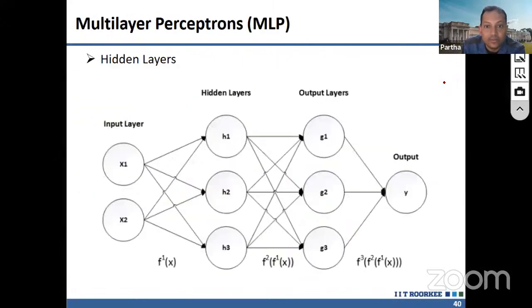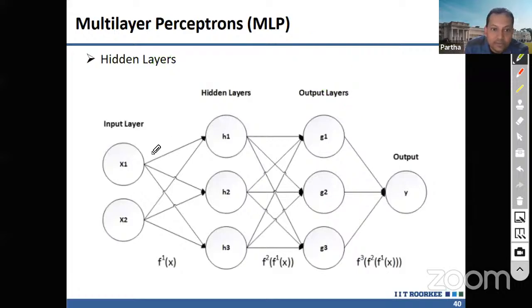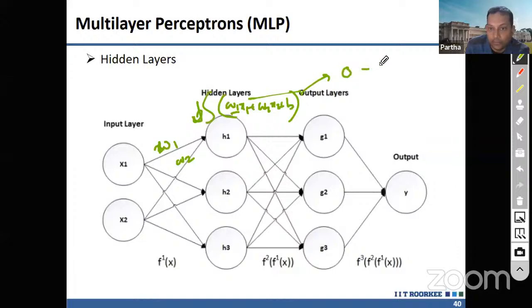If you see in this figure, you have W1, W2, and this neuron does W1 x1 plus W2 x2 plus B. Then I apply the sigmoid function, and this range will be from 0 to 1.